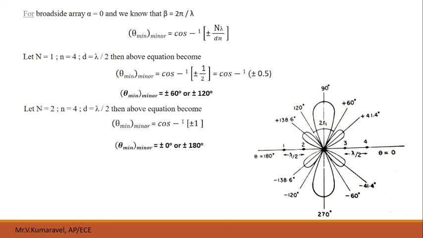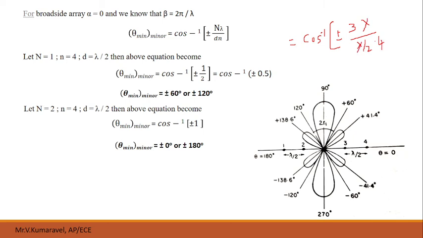When we substitute capital N equal to 3, let us see what happens. In this expression we will have cos inverse of plus or minus 3 lambda divided by lambda by 2 into 4.